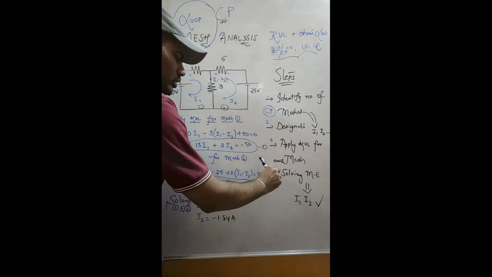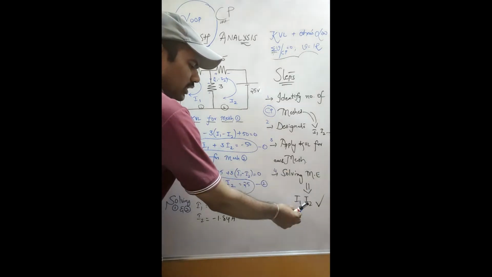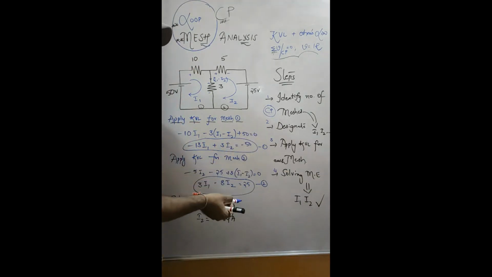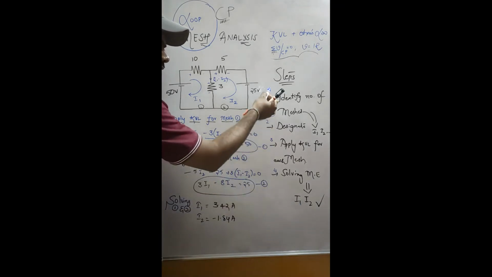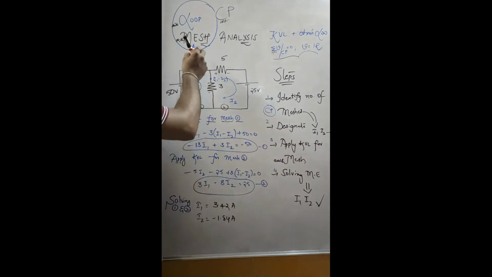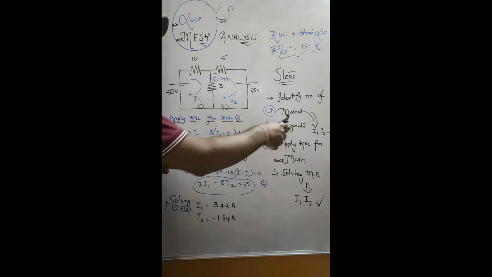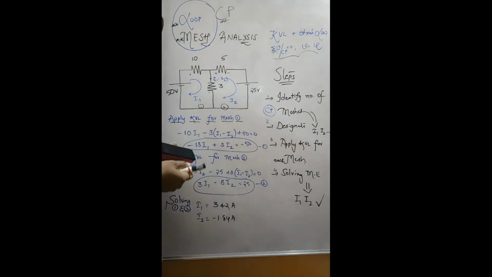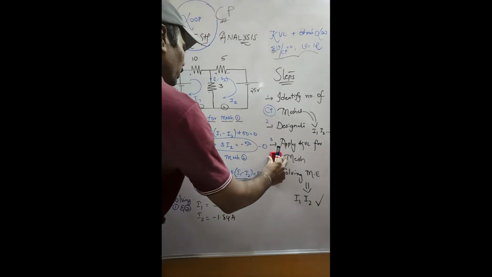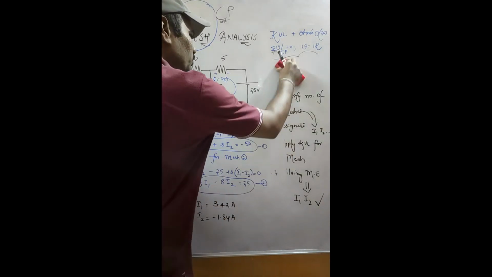And the fourth step, solve those mesh equations. We can evaluate the unknown values I1 and I2 and so on. These are the steps you have to follow for mesh analysis.